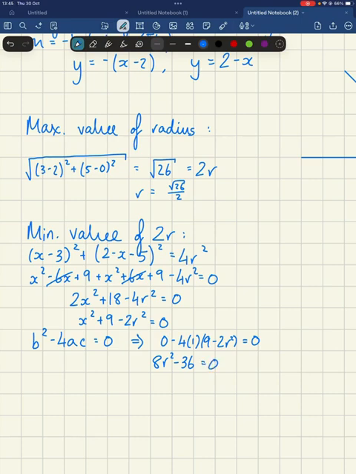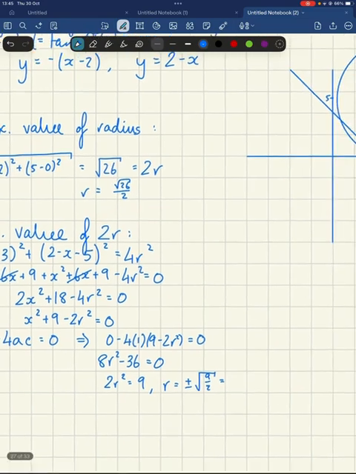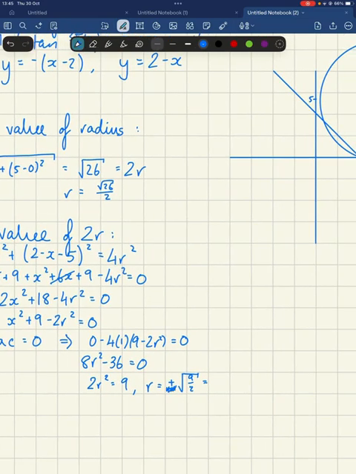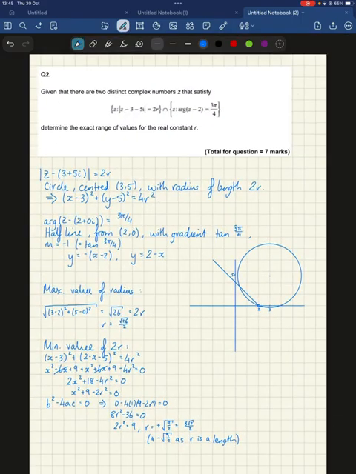So now we're going to divide by 4, and then add 36 over 4 to both sides, so we're going to get 2r squared equals 9. So r is going to be plus or minus the square root of 9 over 2. It's not going to be the negative, as r is a length. So we're going to get 3 over root 2, which is 3 root 2 over 2. So that's the minimum value of r.